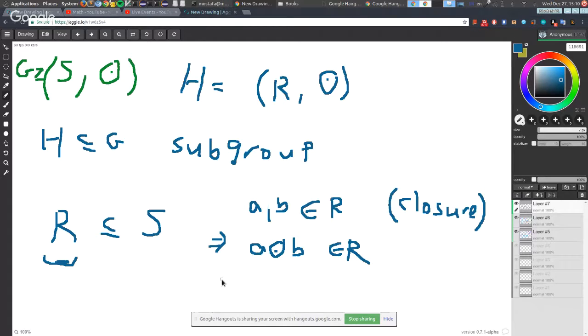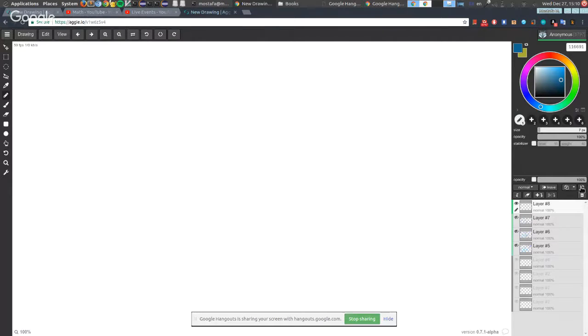The set is closed under the operator. So basically, this is the definition of the subgroup. We can make some bigger examples here, which are more relevant to us later on.